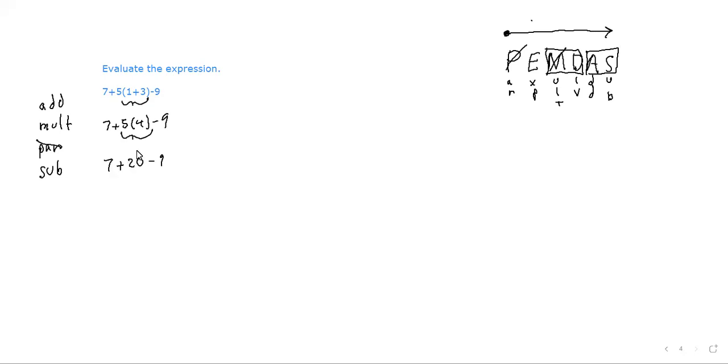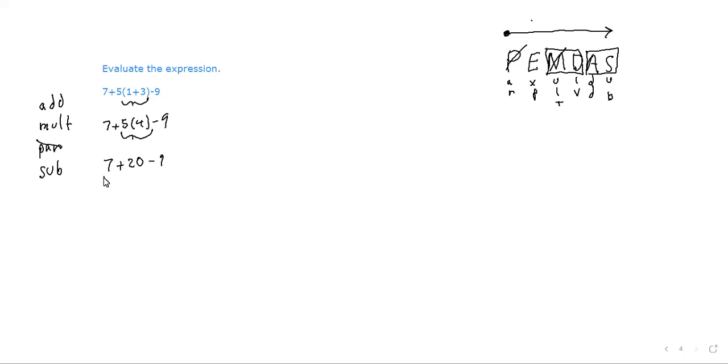We're at addition and subtraction, so we look from left to right in our equation. If we see addition, we do that first. If we see subtraction, we do that first. Whichever you come across first, moving from left to right.